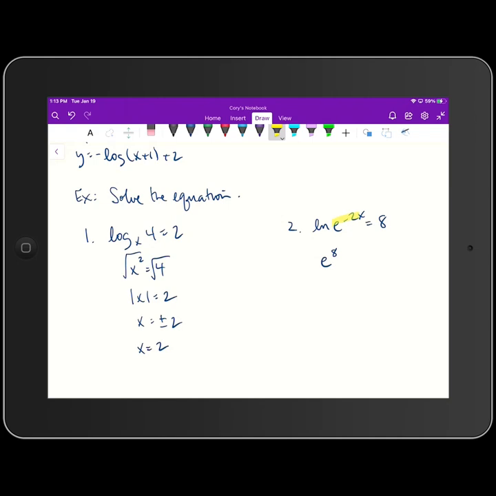And then the argument of the log is what the exponential is equal to. So e to the 8th power is equal to e to the negative 2x power. That's in a great format for us because we have both sides written as an exponential that shares the same base, which makes negative 2x equal to 8 and x equal to negative 4.